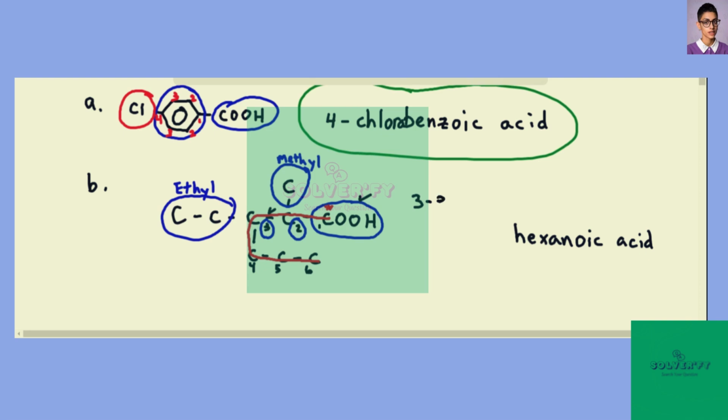Its address is 3 because it comes off the 3rd carbon. So 3-ethyl, and then coming off the 2nd carbon is the methyl. So it's 3-ethyl-2-methylhexanoic acid. That's our final answer.